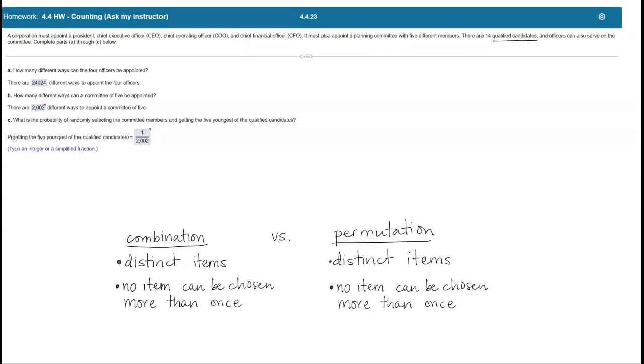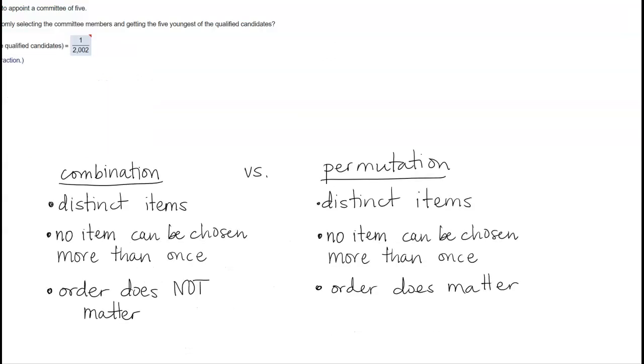But what is different between a combination and a permutation is that in a combination, order does not matter. On the other hand, in a permutation, order does matter. Of course, they have different formulas because of this. If I have n items and I'm trying to permute r of them, I would do n factorial divided by n minus r factorial.